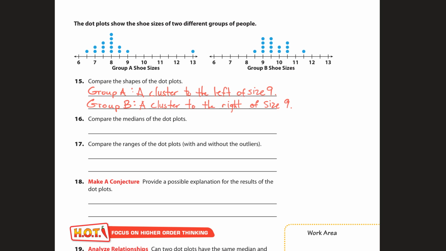So comparing the medians, we have group A. The median for group A is at the size of 8, I believe. Size 8. And let's take a look at that. So the median, that's pretty simple. That's the middle number.